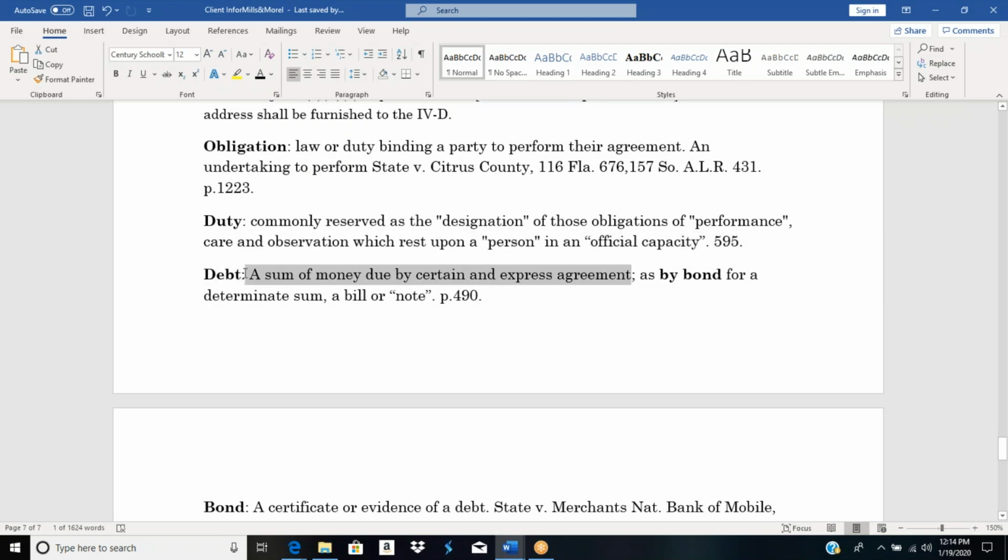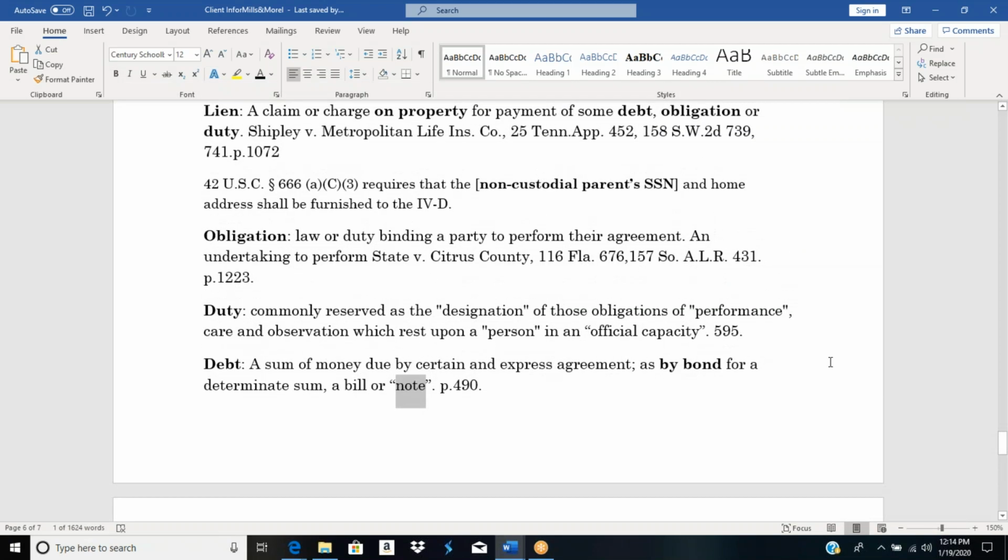Well, who made that agreement? And it's done by bond, for a determinate sum or bill or note. Federal Reserve notes. Notice I got that in quotations. The guarantor, that's the designated of performance. What? That's the official capacity.